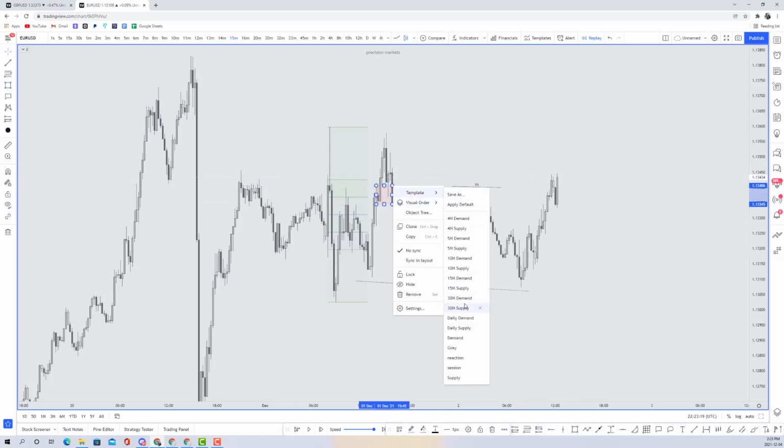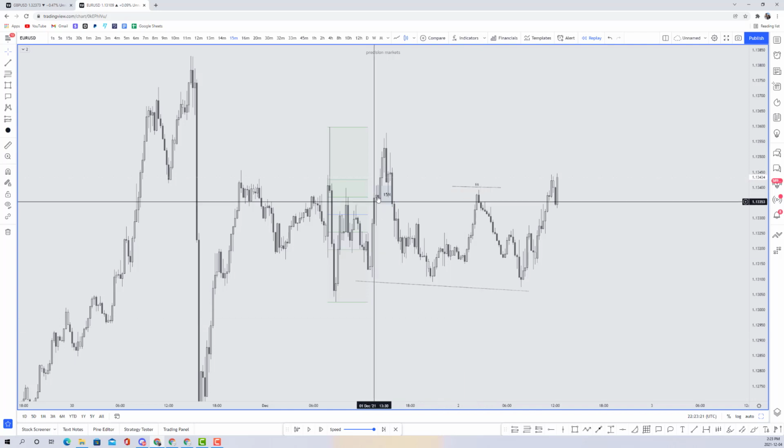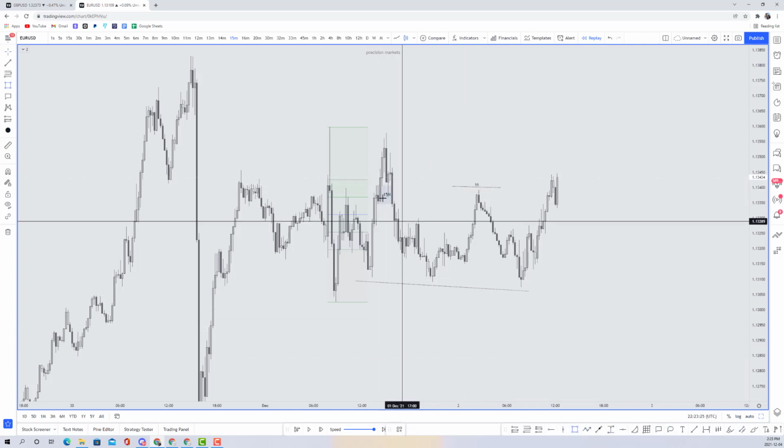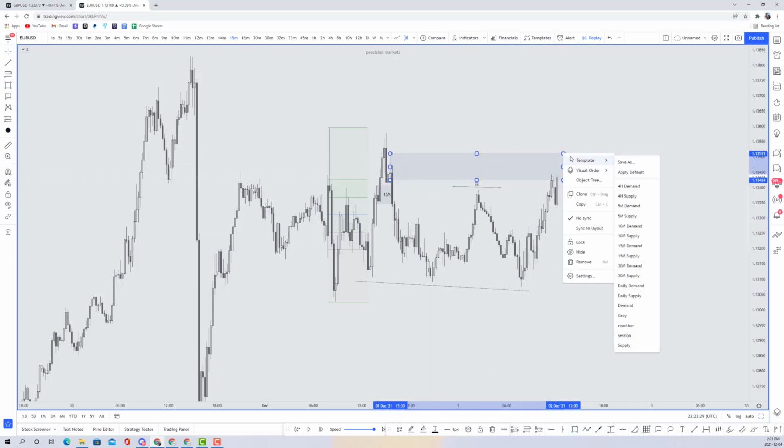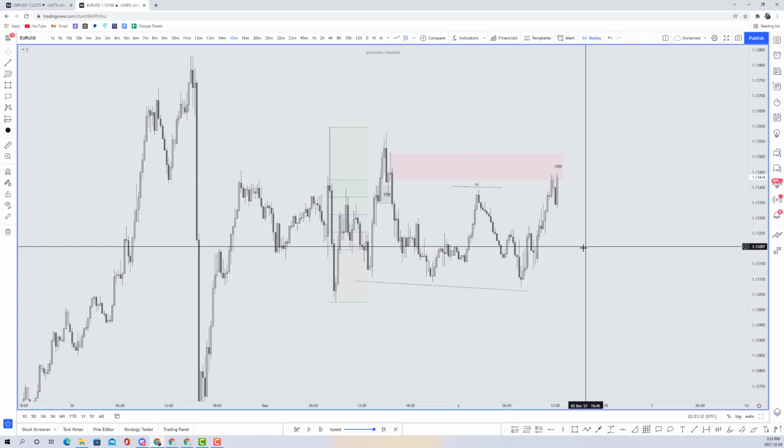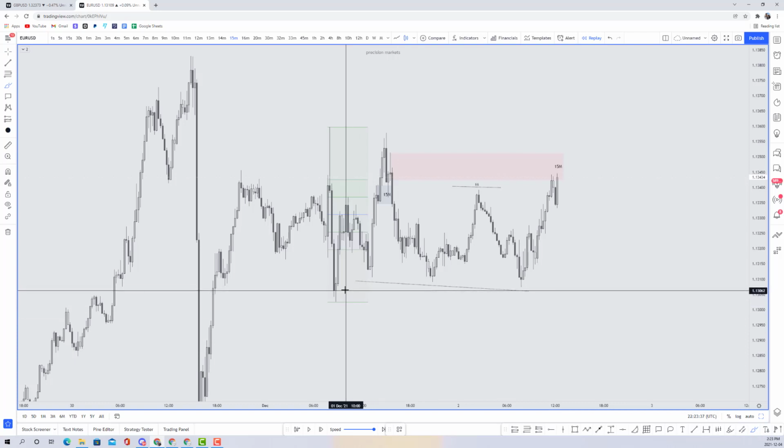So here we have a demand zone that got taken out by a supply. This supply is yet to be mitigated, which is what we're coming into. Something I want to make note of is this low right here.